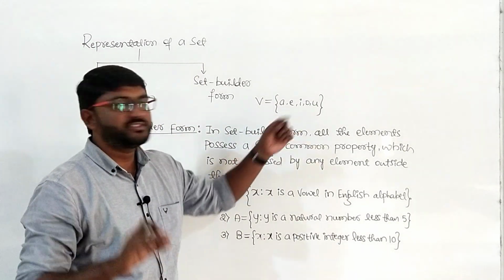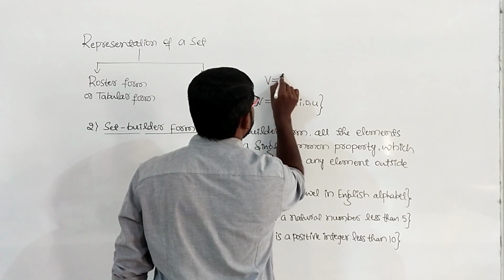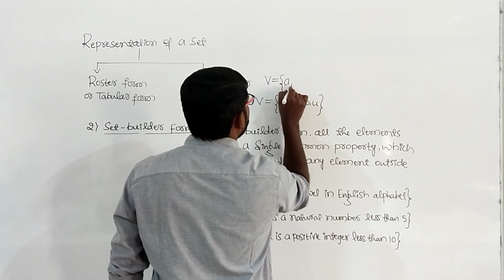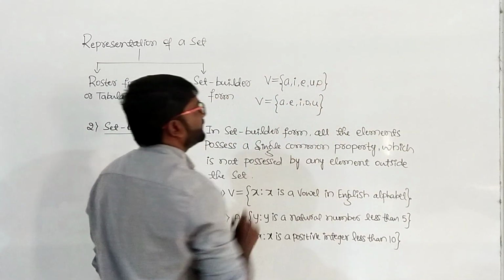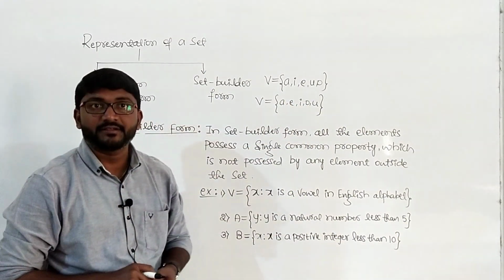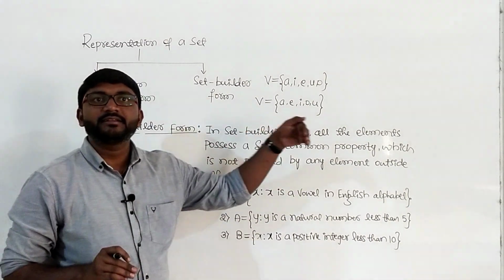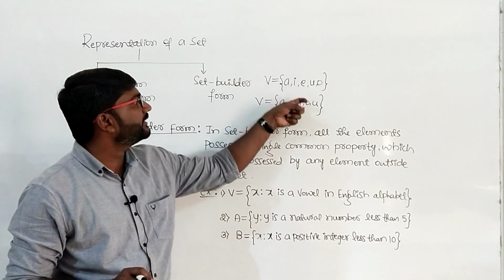The order can be changed. You don't have to write in this order only. You can write this also as A, I, E, U, O. Observe the elements now. You have the same elements but the order is different. So in roster form it is not necessary to write in the exact order. The order may change, and it is still valid.